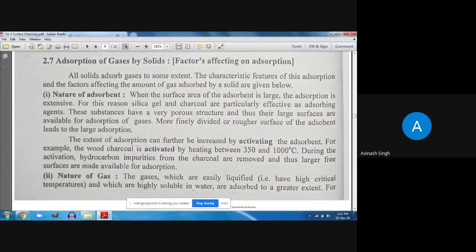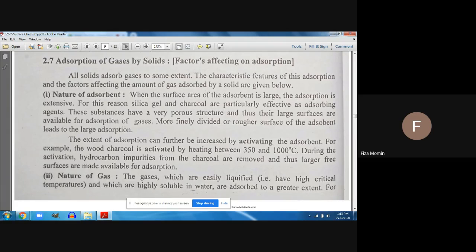So what are the factors on which adsorption of gases on solid take place? The first is the nature of the adsorbent. So which is the adsorbent here? Adsorbent is the gas or the solid? Adsorption किसके किस पे हो रहा है?